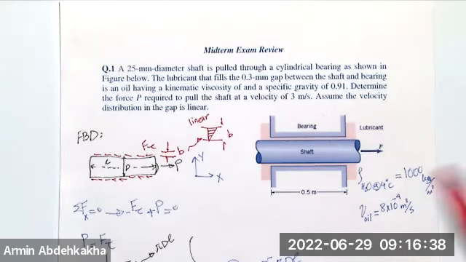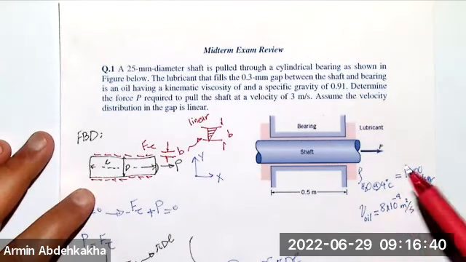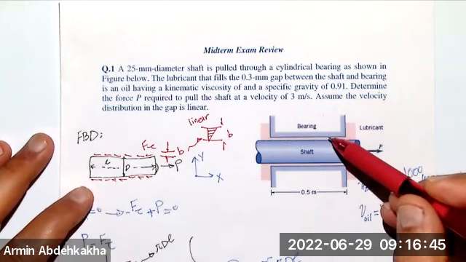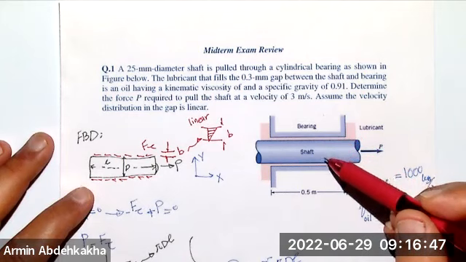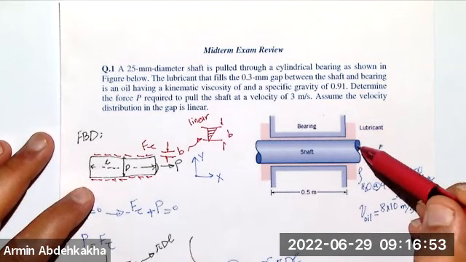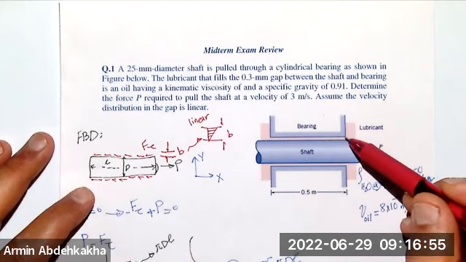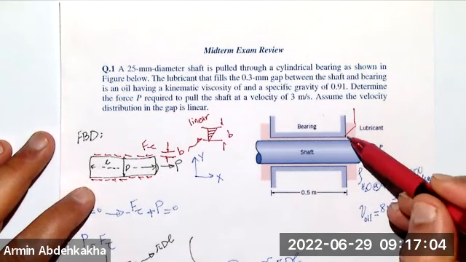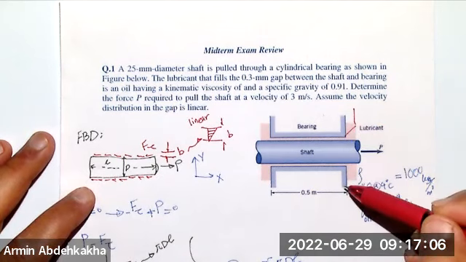Yeah, that's also true. But again, you have to know a little what the shaft and bearing are. So if you couldn't find meaning from the figure, consider that the shape is only like this, okay? So this is not all over the cylinder.